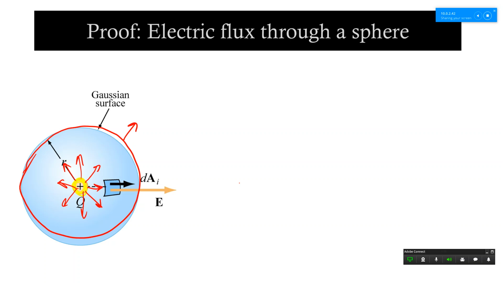I have an area vector that's parallel to my electric field vector. So the angle created between this electric field and this area is 0. Okay? So again, I can say that in this case, the flux is simply equal to E times A.